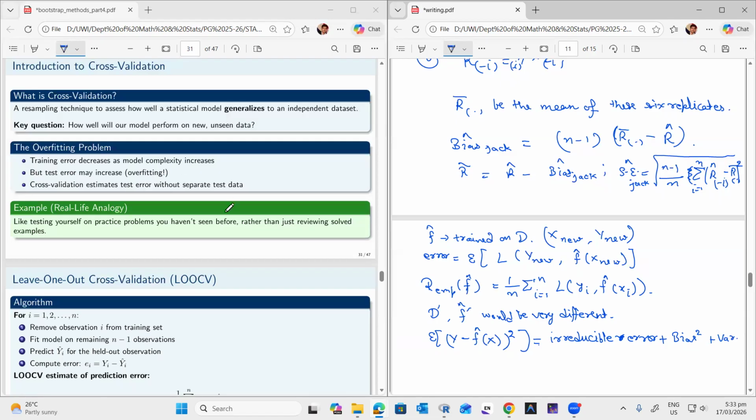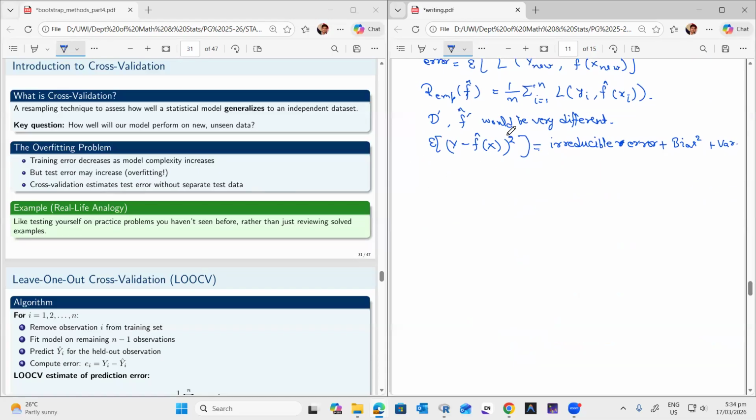All right. So here, in the overfitting problem, the cross validation estimates the test error without separate test data. So cross validation is a tool for in sample estimation of out of sample error.